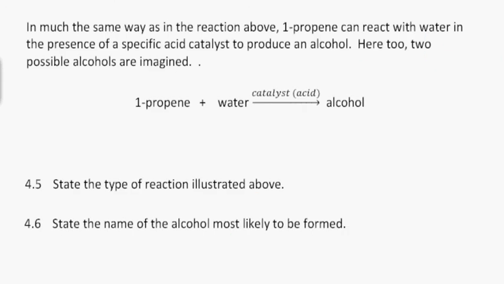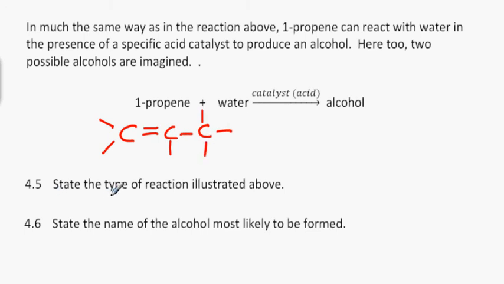Question 4.5 then goes on to look at a different reaction, a similar situation. In this case we've got propene reacting with water. Remember propene, prop meaning 3 carbons. In propene, the double bond is between carbon 1 and 2, and then we would fill up with hydrogens.